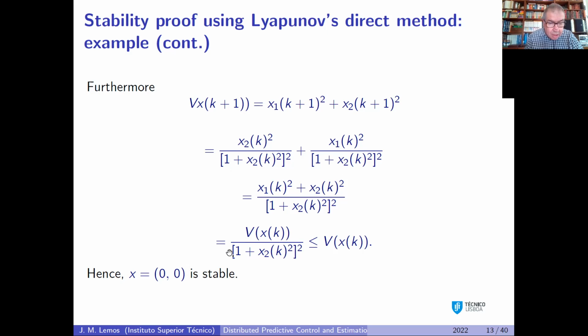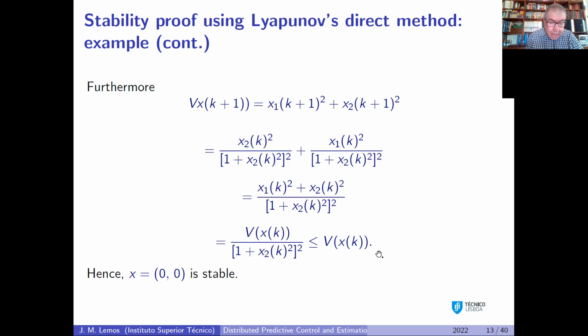The denominator never vanishes because I have x2(k) squared, so there is no danger that I get something which is -1. And this is a number which is bigger than 1 because it's the square of something which is bigger than 1. So this is smaller or equal than V of x.